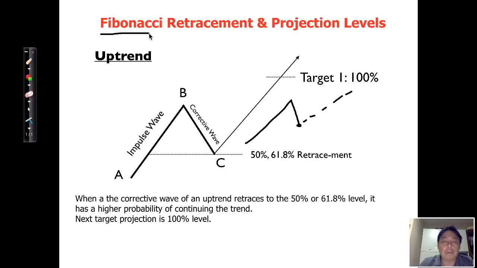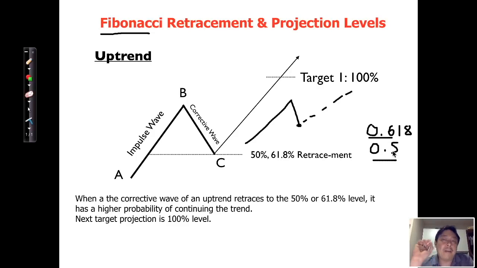If you look at many uptrend wave patterns, you find that on a very clear uptrend, the price tends to retrace to a Fibonacci level of 0.618. And if it doesn't, it tends to retrace to at least a 0.5 level.